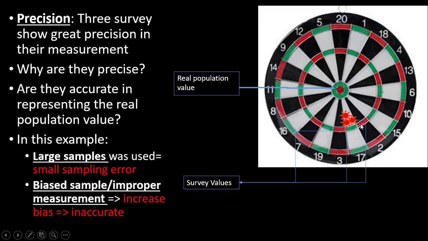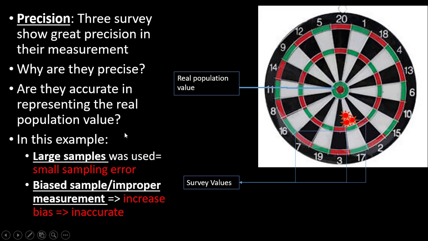Repetition of the survey yielded similar values. However, we are still very far away from the truth. So in this case, we have a precise estimate or measurement, but an inaccurate estimate or measurement because it is far away from the truth.